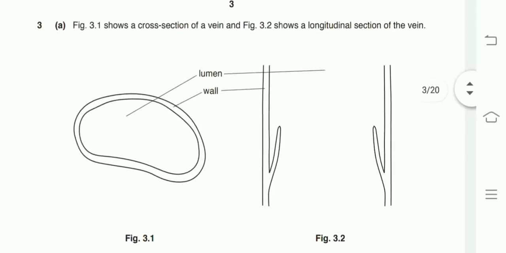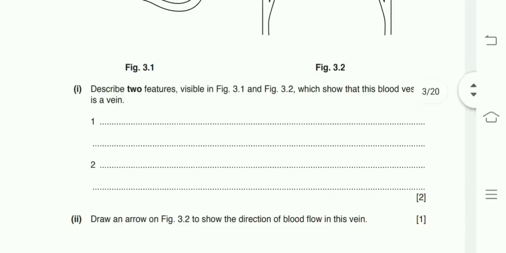This is question number 3. Okay, figure 3.1 shows a cross-section of a vein, and figure 3.2 shows a longitudinal section of the vein. Describe the features visible in figure 3.1 and figure 3.2 which show that this blood vessel is a vein.